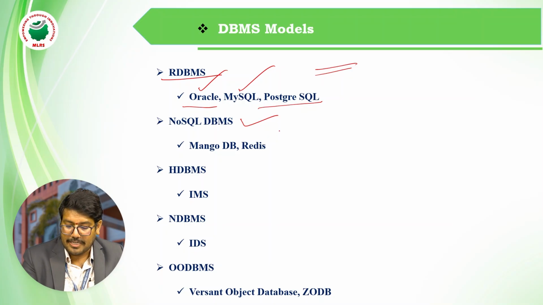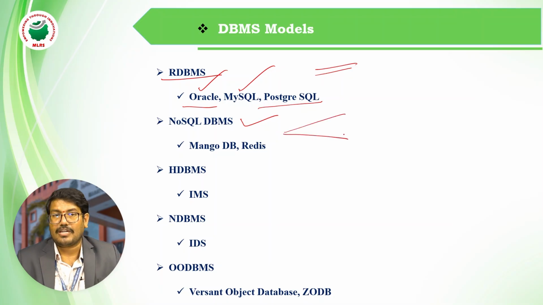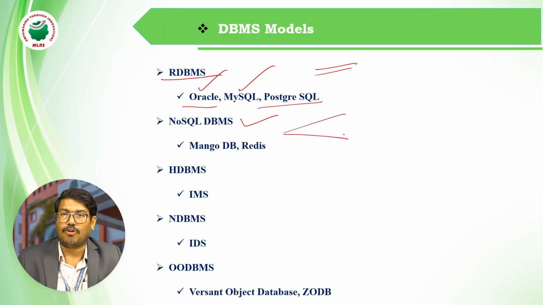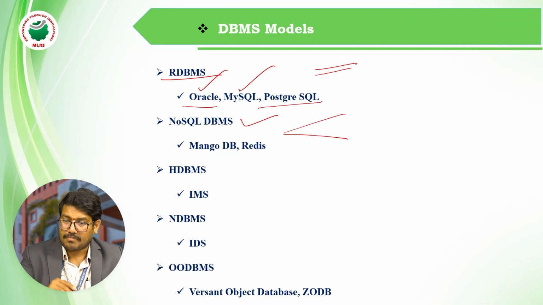Here, data is stored in the form of key-value pairs, or in the form of documents, or in the form of tables. For example, Venkat is a name, with a number like 23 series 401.